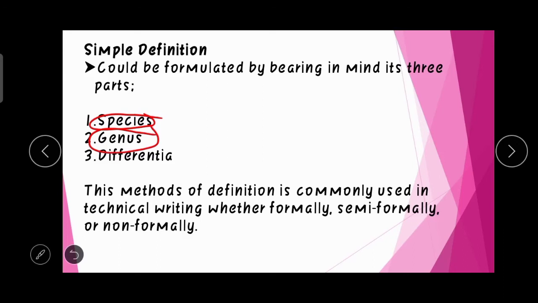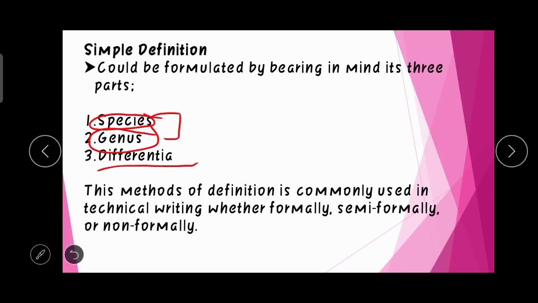Example: is, are, were, was, etc. Both species and genus can be introduced by a determiner. The more informative and specific the genus is, the less we have to say in the differentia. To make the definition complete, a differentia is written to give characteristics of the term that make it different from other terms belonging to the same genus.